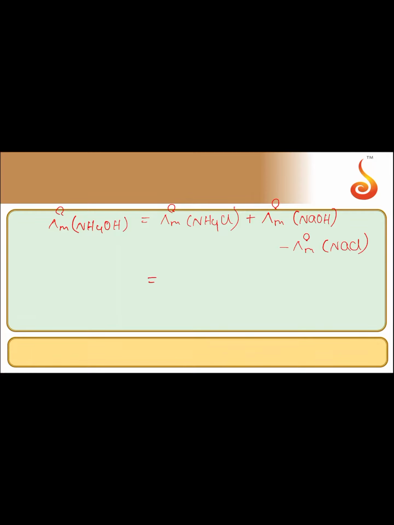Lambda m naught of NH4Cl is 129.8 plus lambda m naught of NaOH is 217.4 minus NaCl is 108.9. If you calculate the value, you will get 238.3 Siemens centimeter square mole inverse. That is the lambda m naught value of NH4OH.